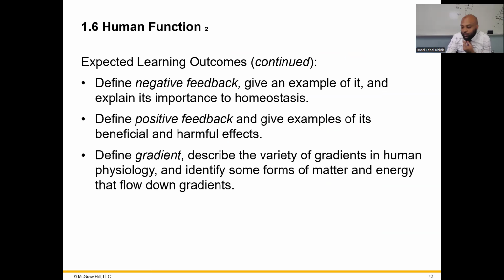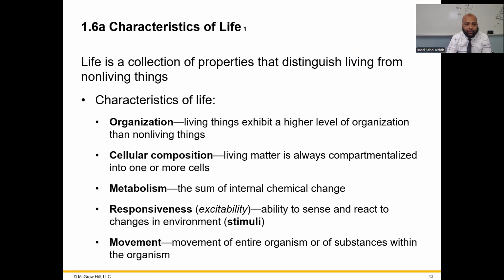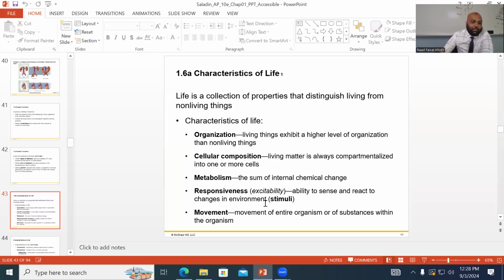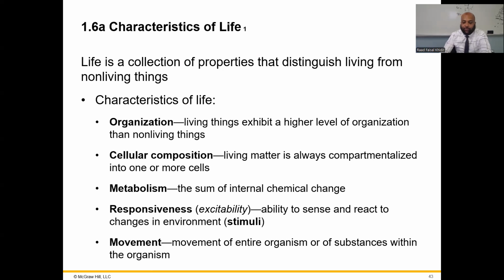Negative feedback. We've talked about that. Give an example of negative feedback and explain positive feedback. And then we're going to talk about gradients in diffusion. Okay. Life is a collection of properties that distinguish the living from the non-living. It is organization: living things exhibit a higher level of organization than non-living things.